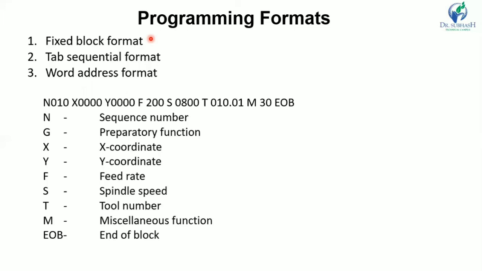If a word remains the same in the succeeding block, the word need not be repeated, but the tab is required to maintain the sequence of words. Then in word address format, each data is preceded and identified by its address letter. For example, X identifies the X coordinate, F identifies feed rate, and so on.